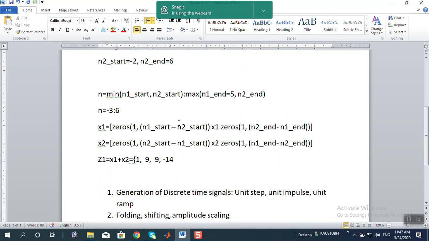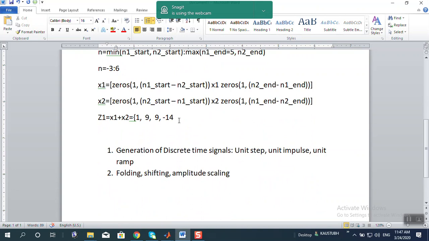This is amplitude scaling, just 5 times the signal. The third thing we did is time scaling, and the fourth is signal arithmetics.